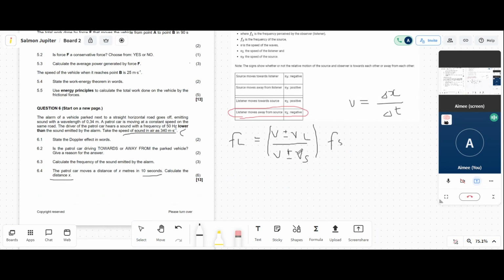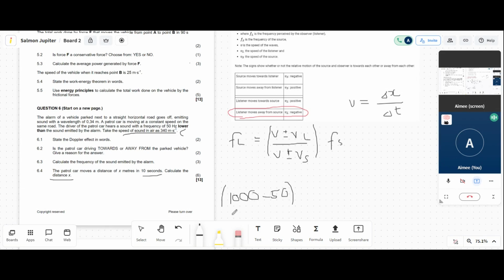As I already said, we determined that the frequency of the source was 1,000 hertz, and they tell us that the listener hears a frequency that is 50 hertz lower. So the frequency as observed by the listener is going to be 1,000 minus 50, because this is the frequency of the source, and he hears it 50 hertz lower.